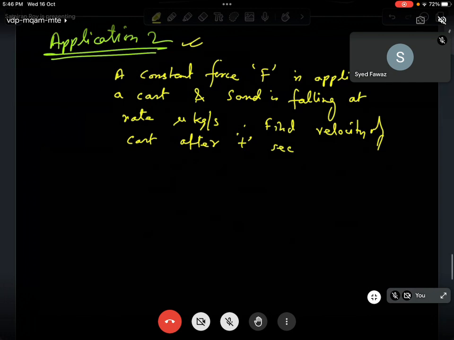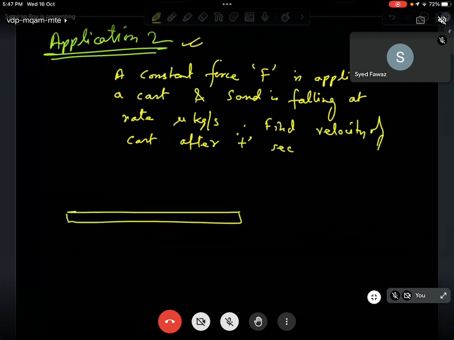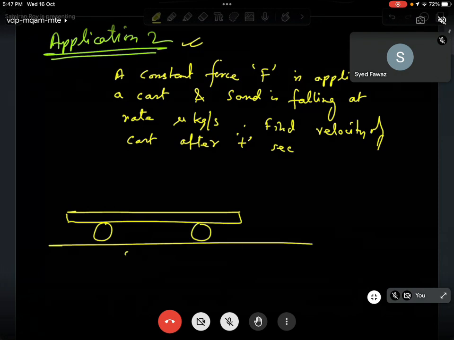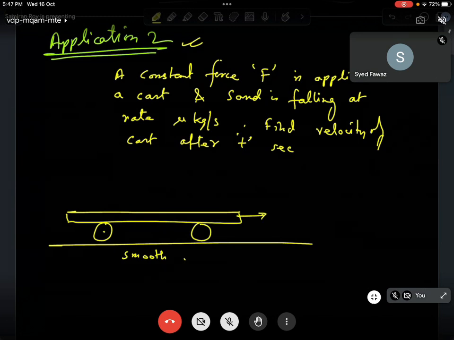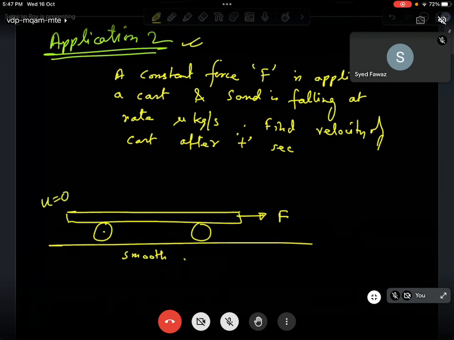Question is clear? There is a cart. Obviously this surface is again smooth, there is no friction. Now I am applying a constant force F. Suppose you consider this cart is pulled by some horse, or something like that. Initial velocity of the cart is 0. Now at the same time what is happening?